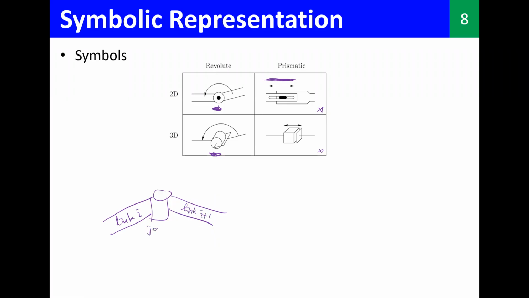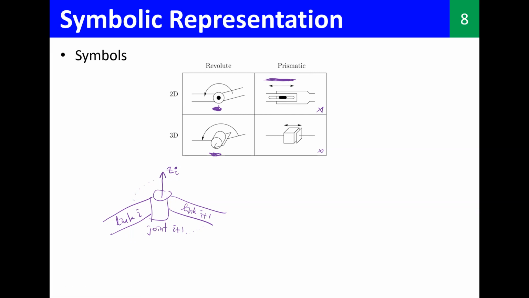So for this joint, the number I'm going to give is i plus 1, right? And for each joint, I'm going to assign an axis, and we usually use Z in that convention. Using that convention, this is going to be Z i. You can see these two are connected, and these two are also connected, right? You don't have to ask me why we are doing it like this, because it's a convention. Somebody thought of doing it like that, and we are just following that convention.